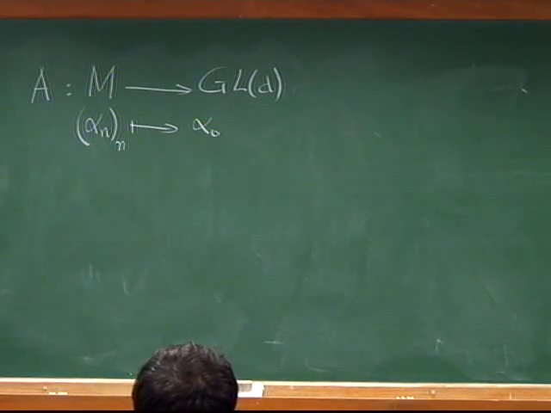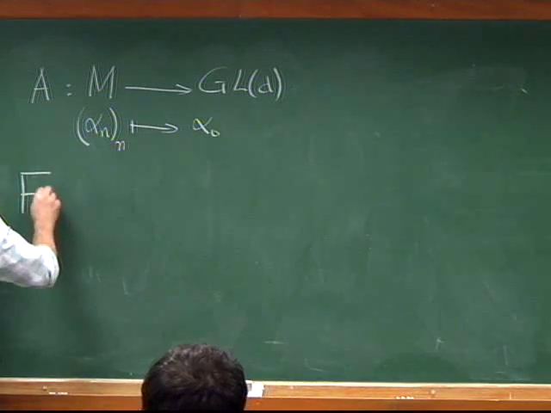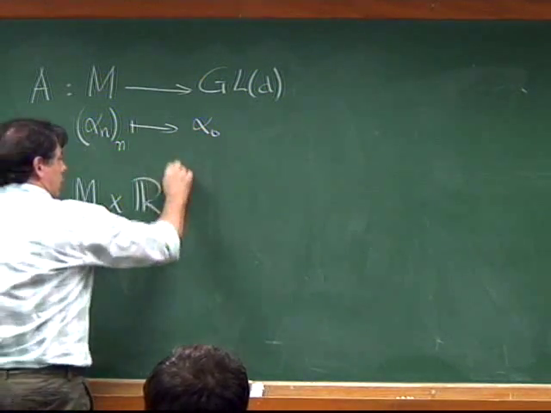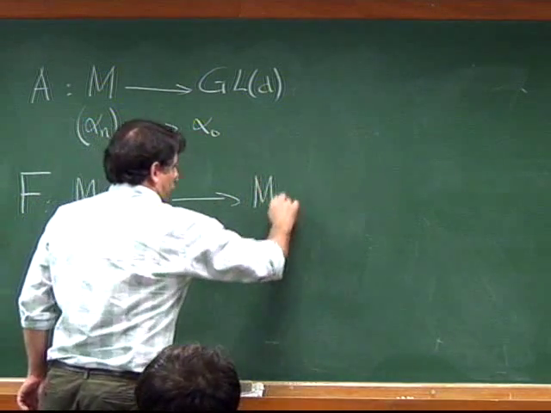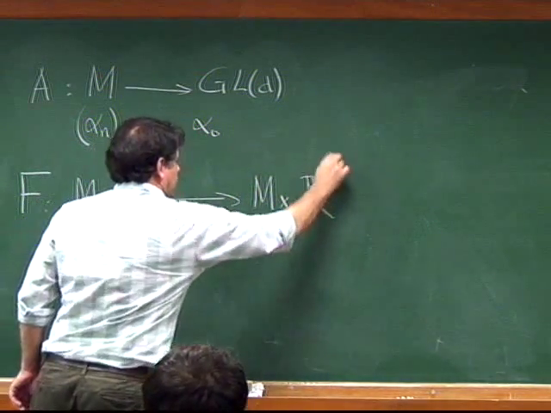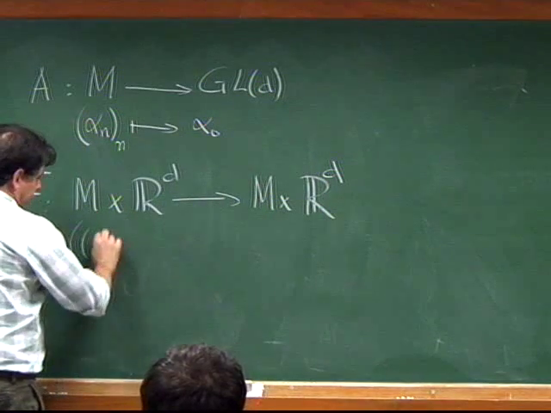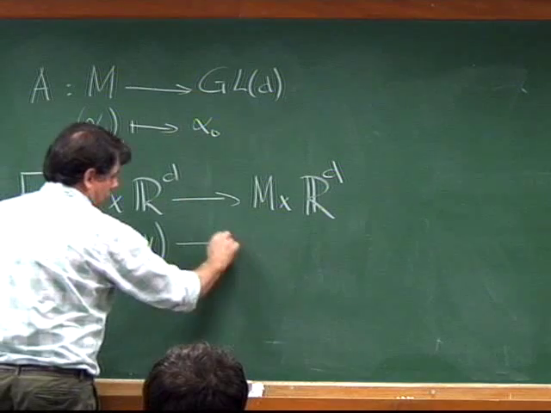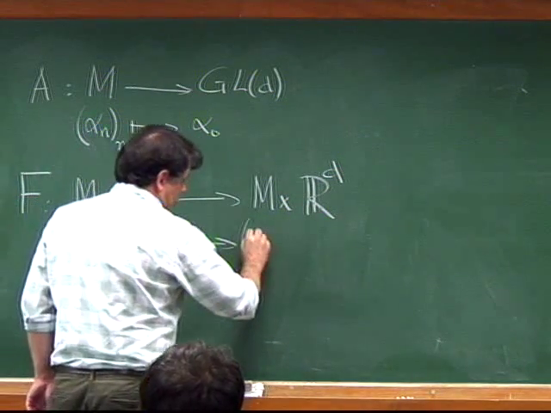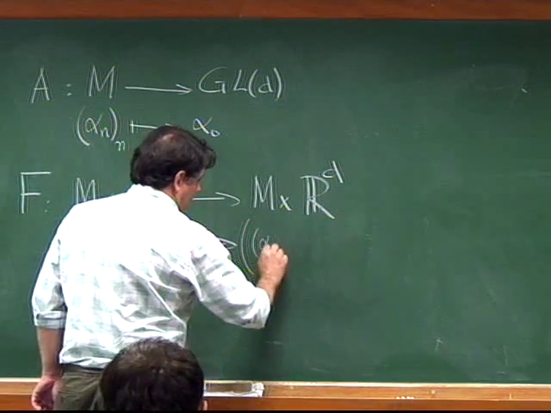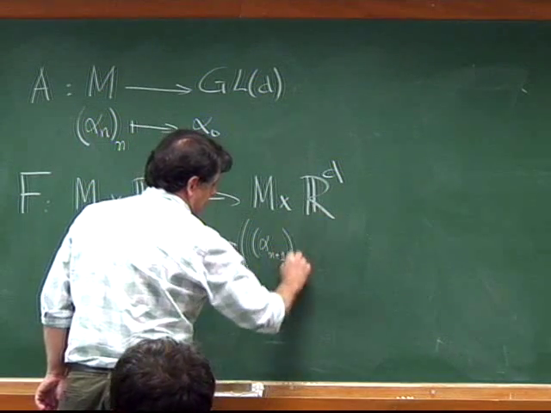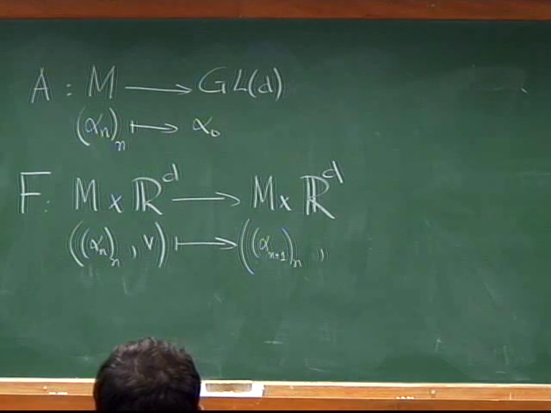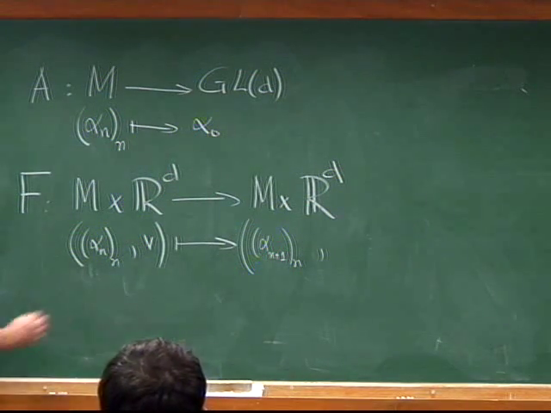Okay? So the linear cocycle associated to this data takes a sequence, alpha n, and a vector, and maps it to the shift, alpha n plus 1. This is the variable x in this case.